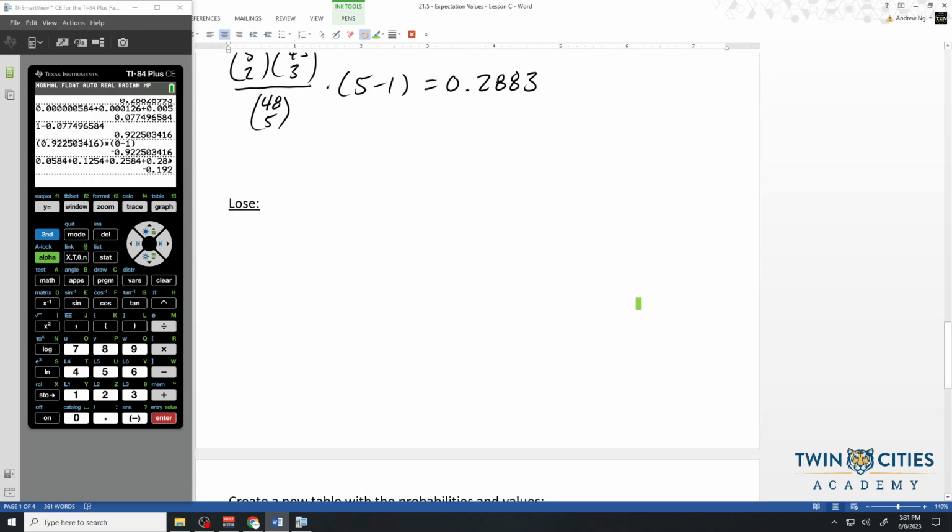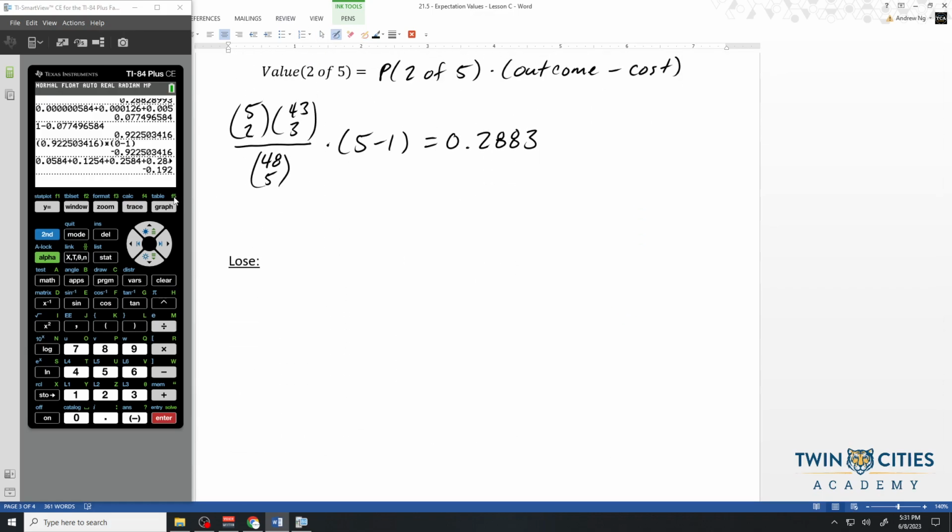Okay, let's fill in some of these things here. The probability to lose, the value of lose is the probability of losing times outcome minus cost.